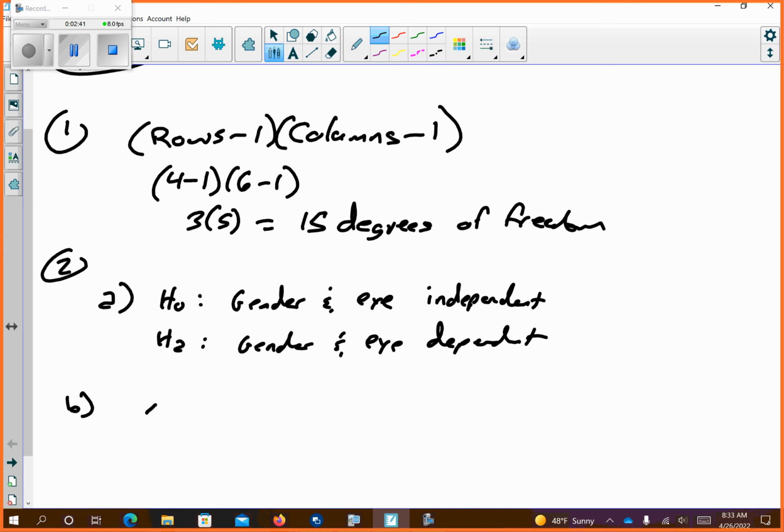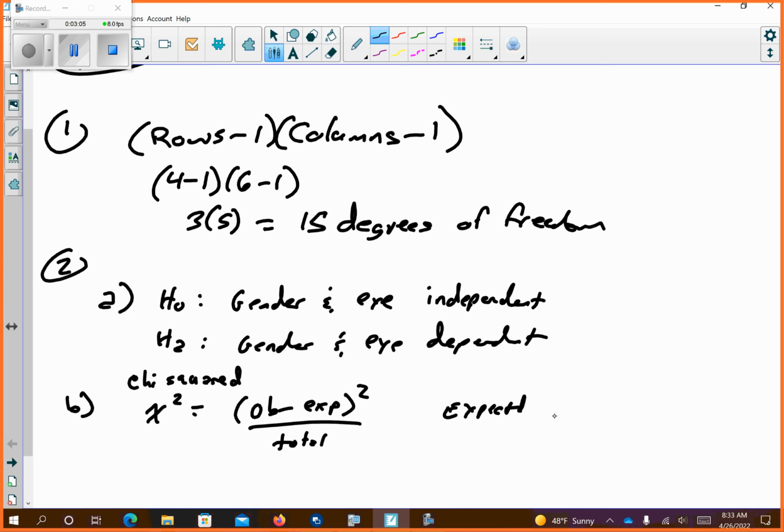So remember chi-squared is this equation: observed minus expected, quantity squared, over expected. And if I wanted to get expected, that is going to be the row total times the column total divided by the total, which is the bottom right. And okay, so I think we can fill out our table from here.